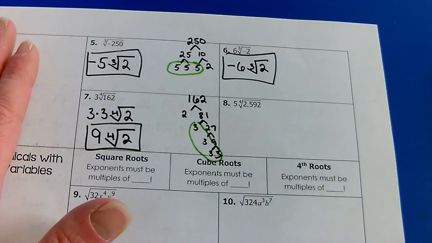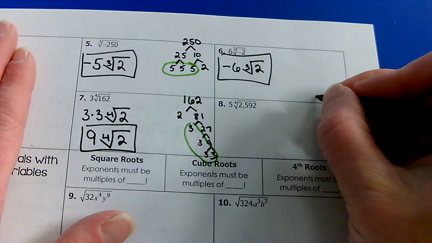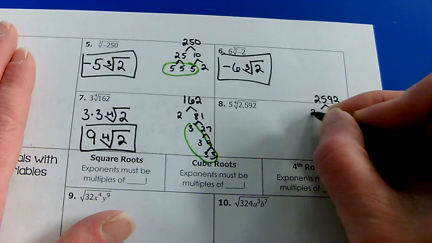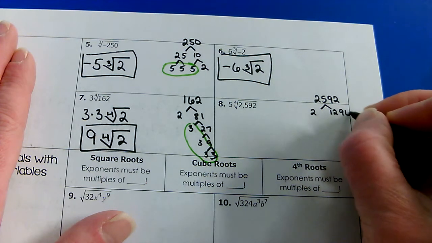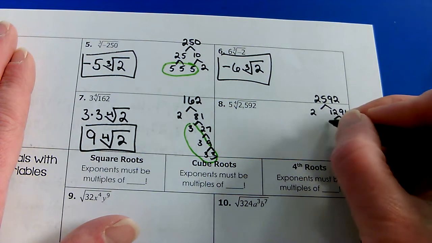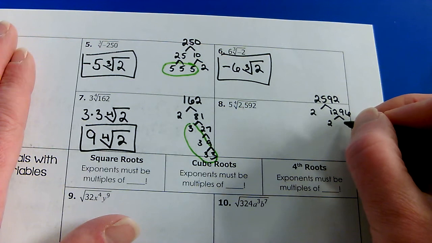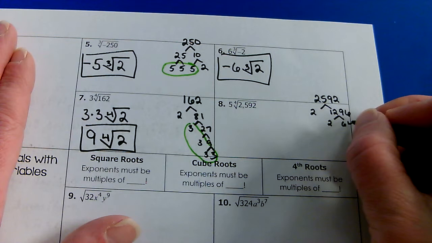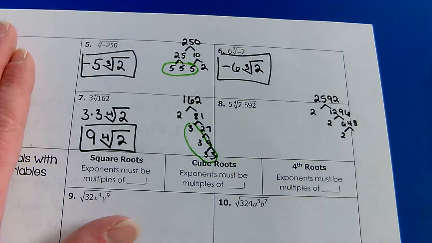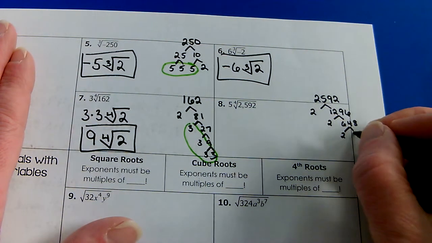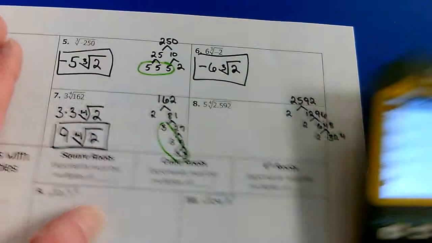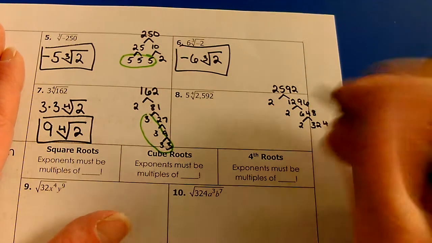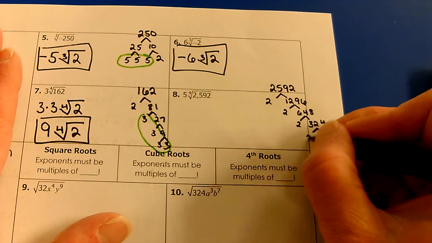Slacking. And if you're wondering what I'm doing, I'm actually using a calculator. I'm taking each of those numbers and I'm dividing by 2 because it looks like they're all divisible by 2.